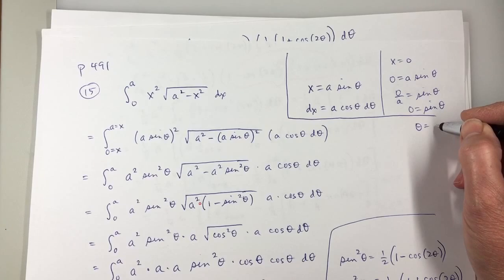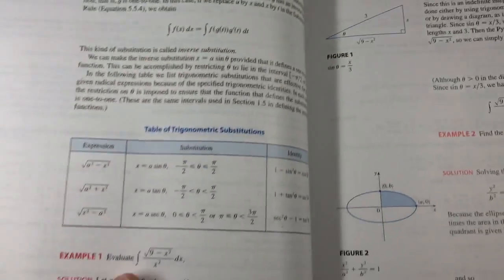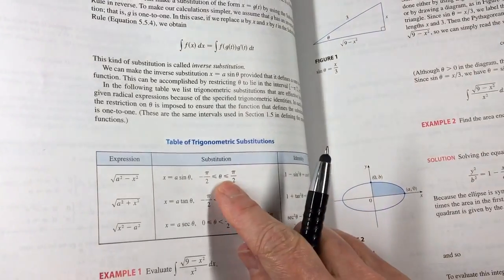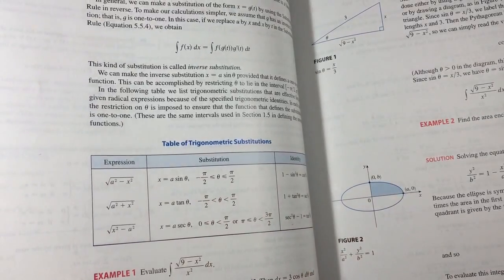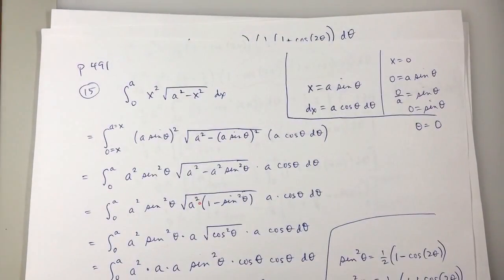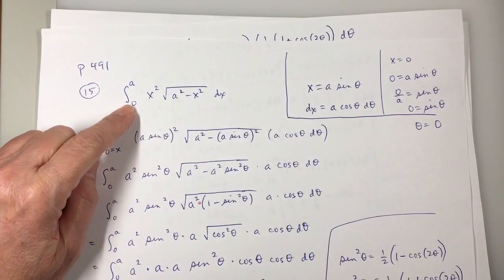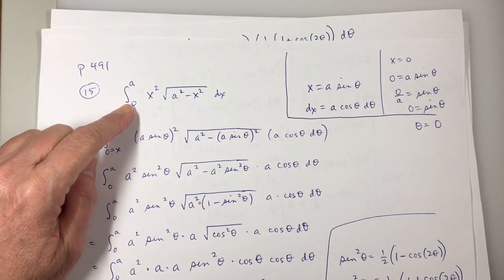0 and pi is correct, but when we define these trig substitutions, look at the interval they gave you. So pi doesn't count in our case here, just 0. So 0 will stay 0 as a value for theta.